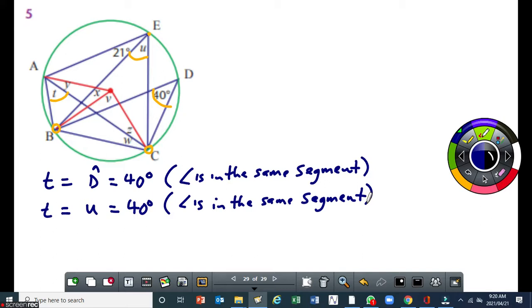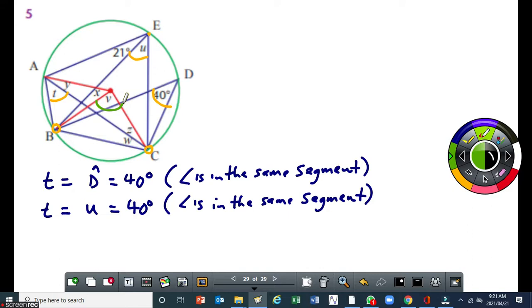After U, we have got V. Our V is right here at the center. It's this angle here. It is at the center. So V is going to be equal to what? Remember, for this question you cannot use theorem 1.